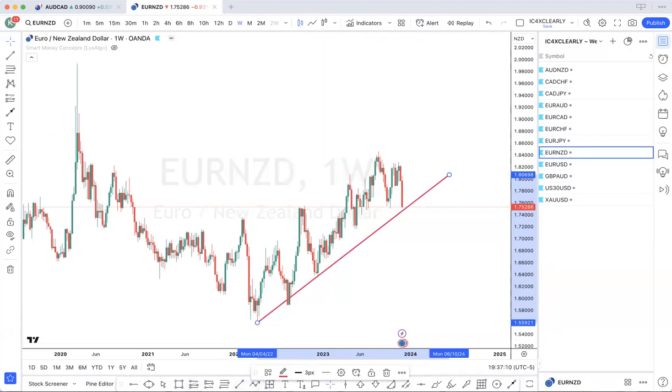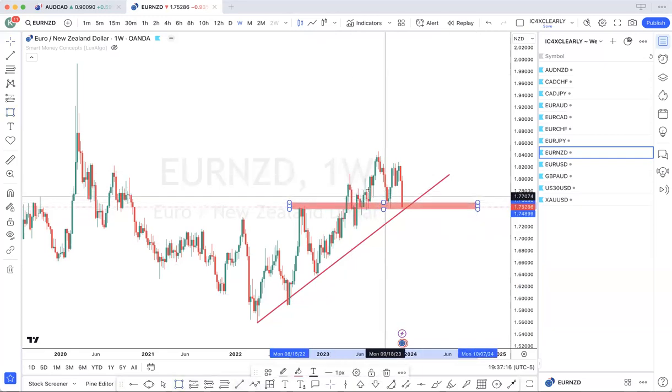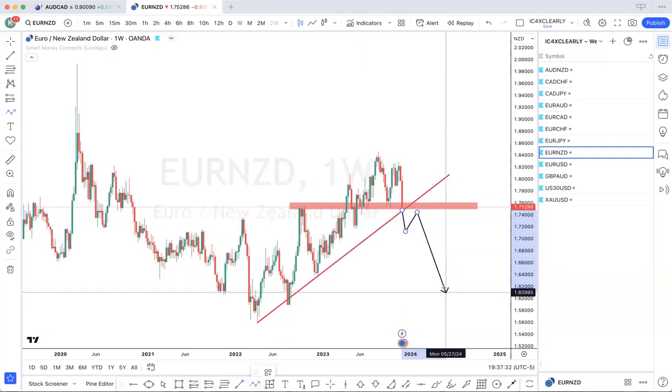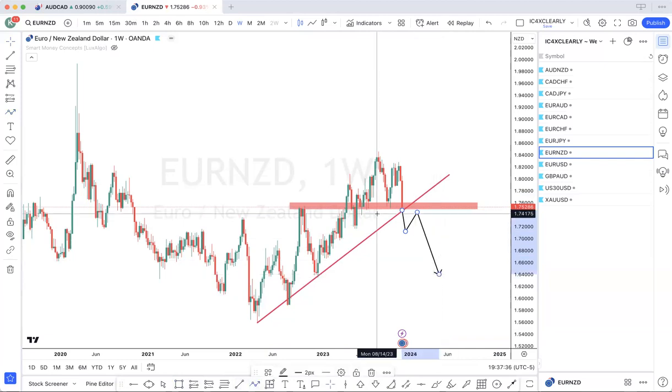So everything here, this is actually a key level here. So price is in this zone. So price is either going to break this low, pull back, and then continue selling down to these lows here.